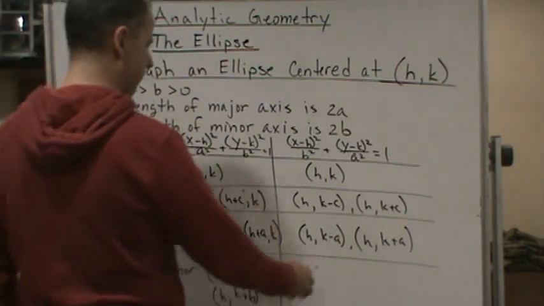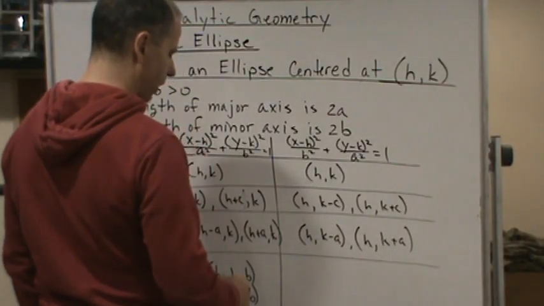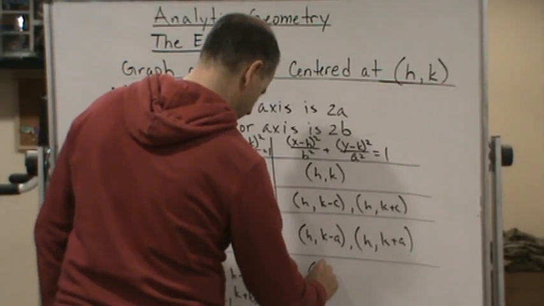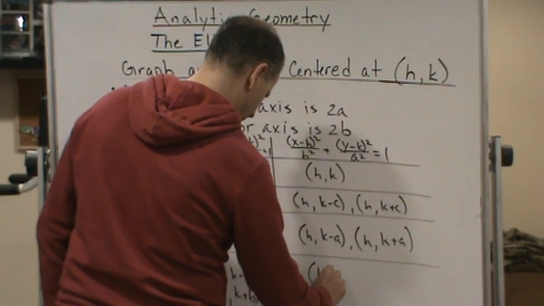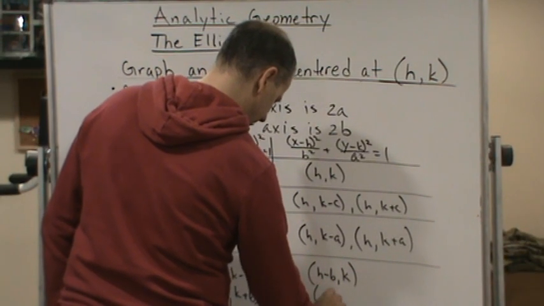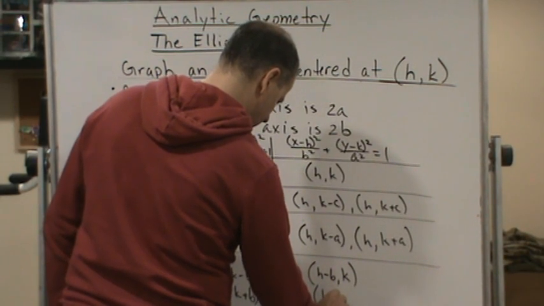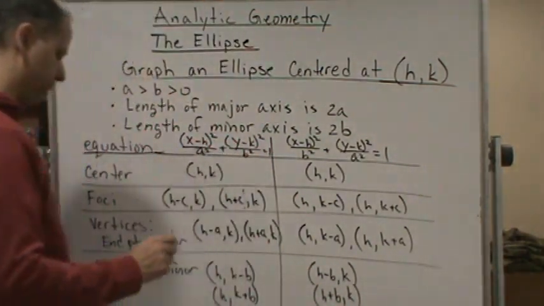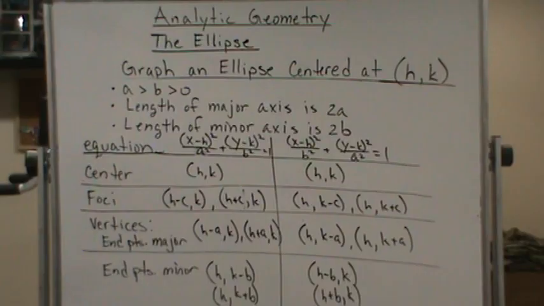And then if the major axis is vertical, then that would mean the minor axis is horizontal. And so in this case here, it would be h minus b comma k and h plus b comma k. And that's it.